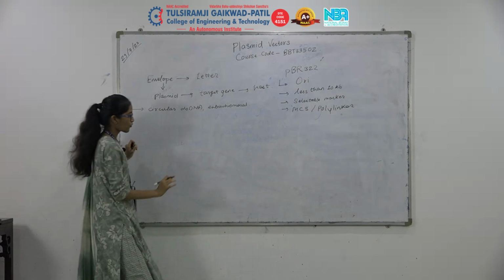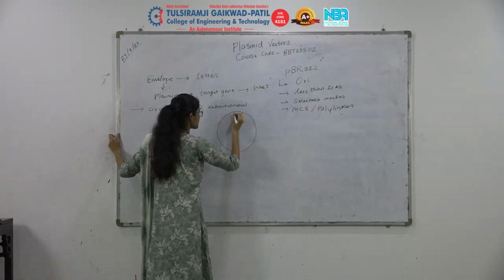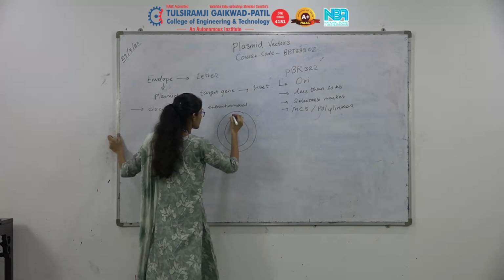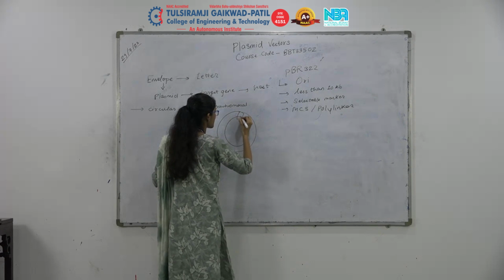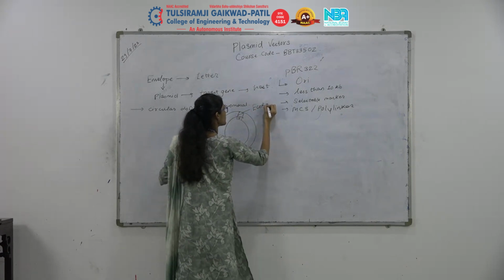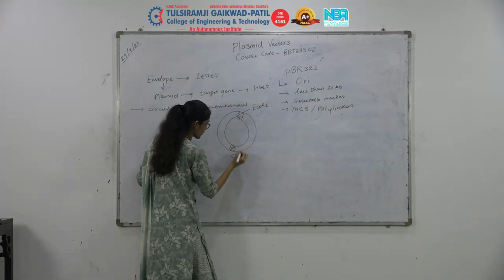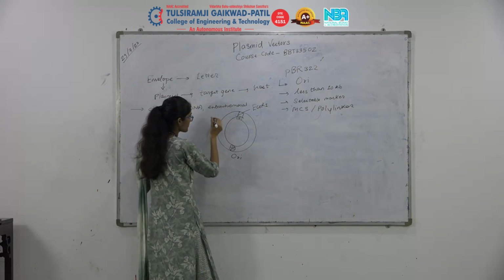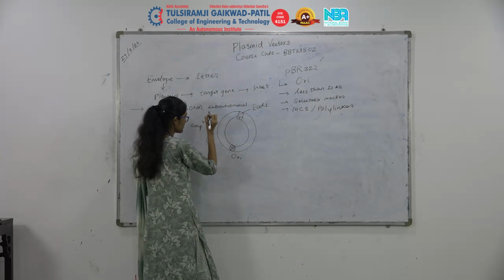The diagram of PBR322 is such that it has a restriction site, that is EcoR1. Also it has an origin of replication, that is ORI. It has ampicillin resistance, that is a selectable marker.